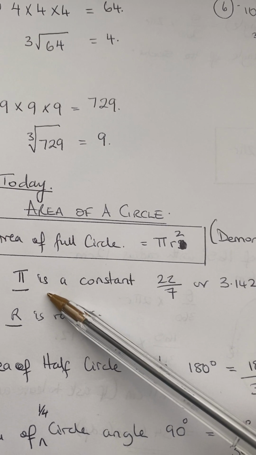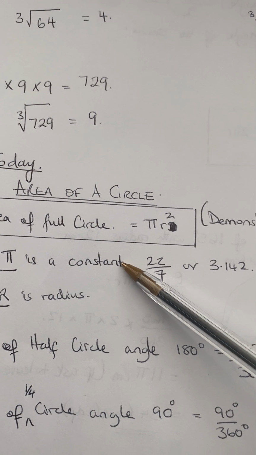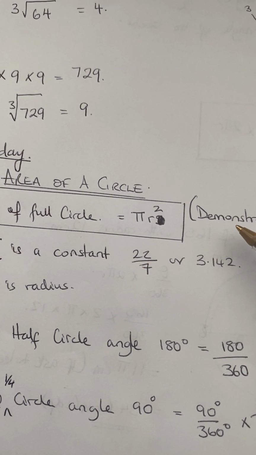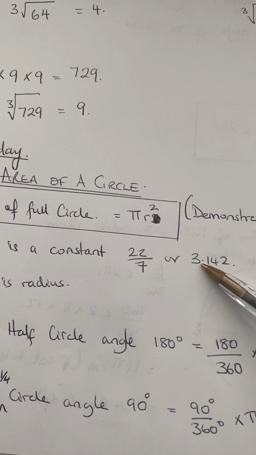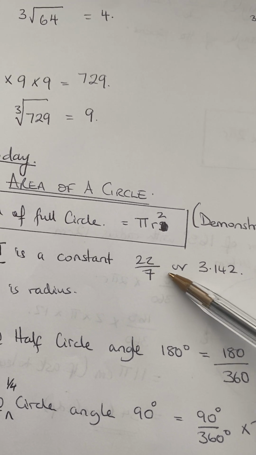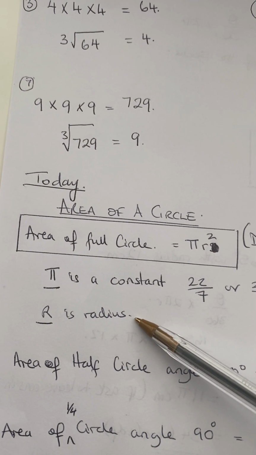Now pi is a constant, it never changes. Okay, so the pi we used yesterday is the same. So 3.142 or 22/7. R is the radius.